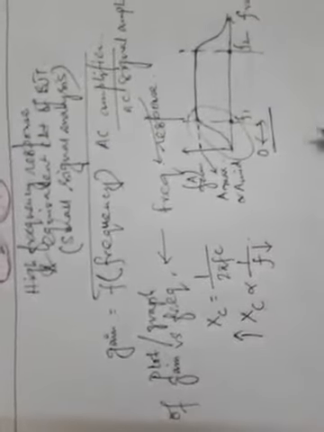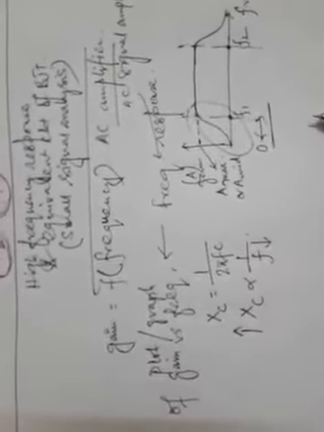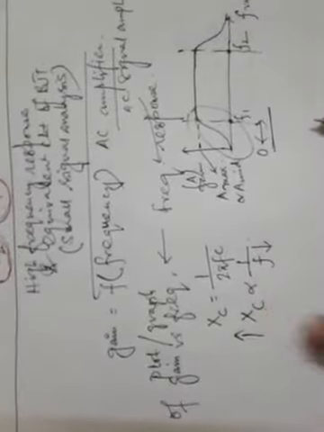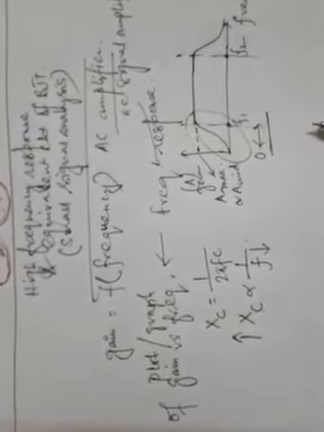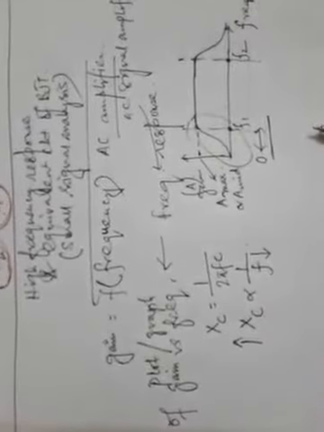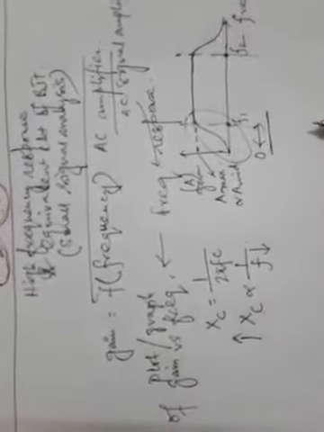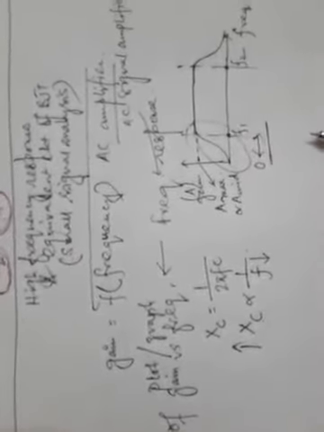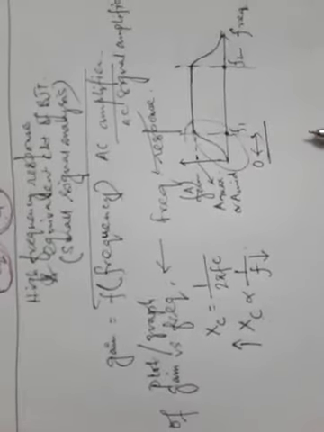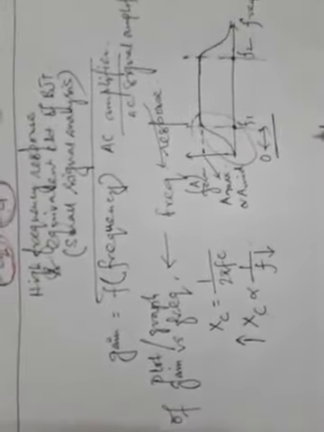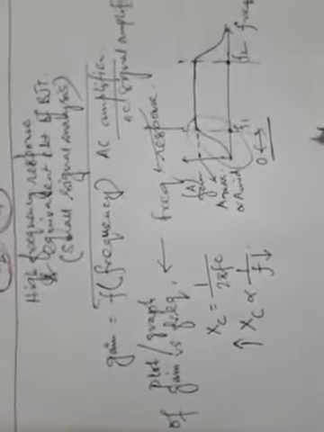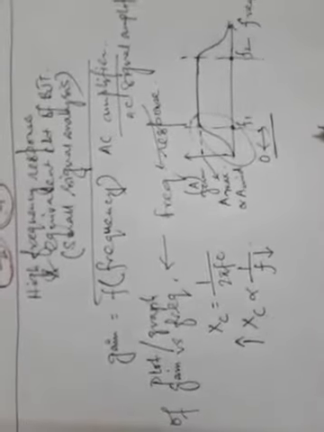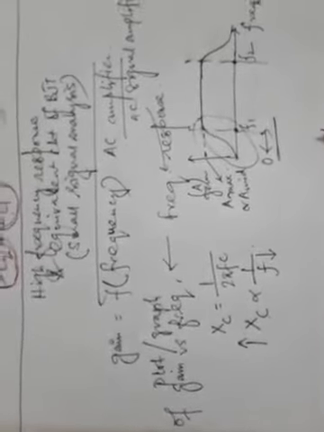Since the reactance of the capacitor will be increased, when we are working with coupling and bypass capacitors in this low frequency region 0 to f1, the capacitors will be acting like an open circuit. But you know, for small signal amplifier analysis, to get the AC equivalent circuit, we generally consider the coupling and bypass capacitors as short circuits.